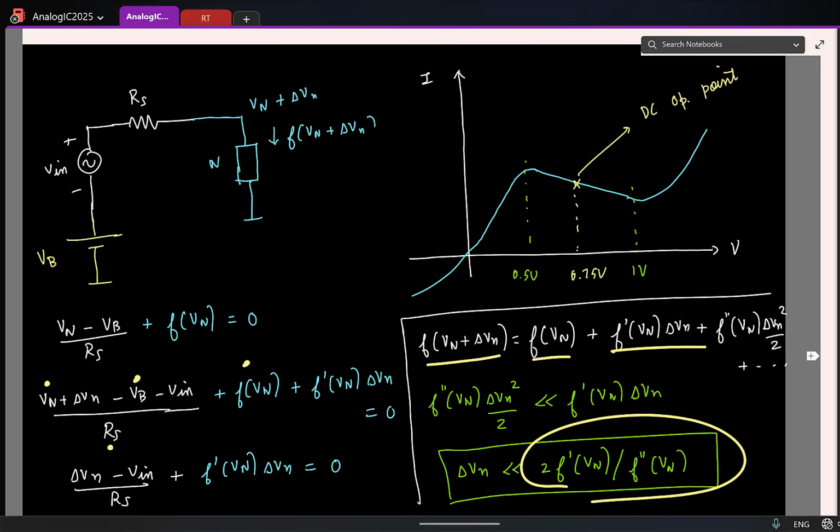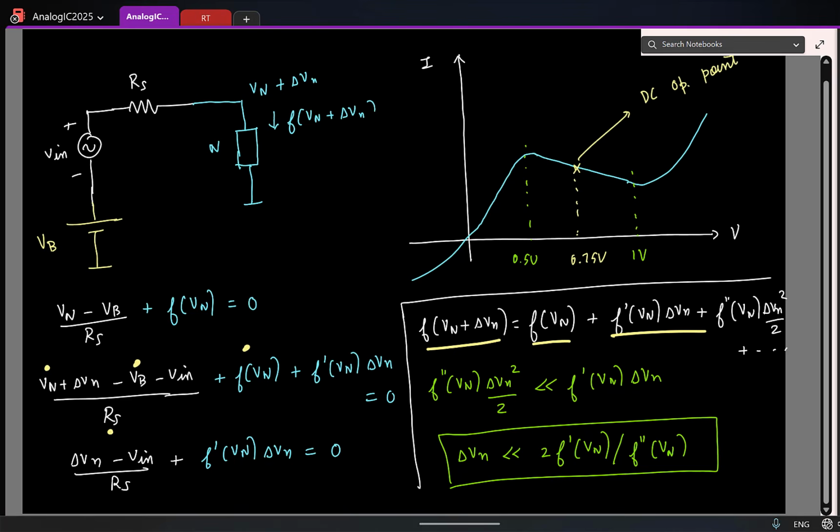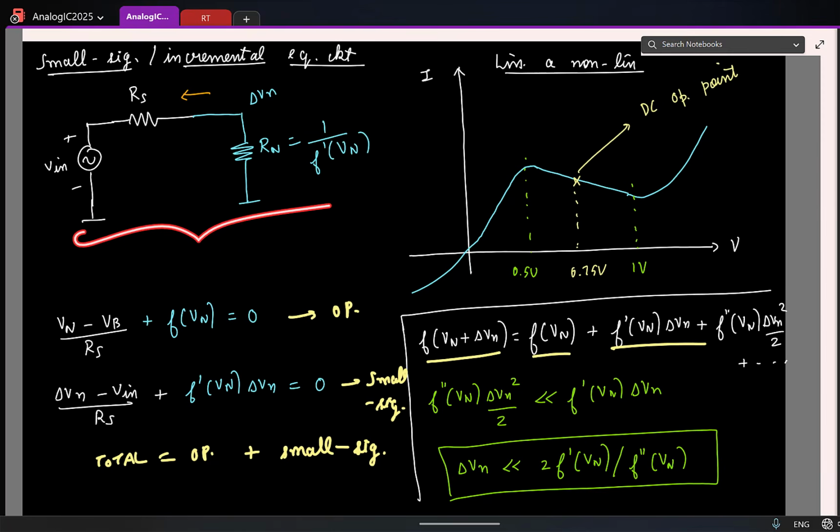If so, then the nonlinear device can be replaced as a linear device. That gives you the small signal equivalent circuit, wherein you de-energize all the DC sources, and then you have a linear circuit. You solve for the linear circuit. Total voltage will be the operating point you get plus the small signal quantity you compute.